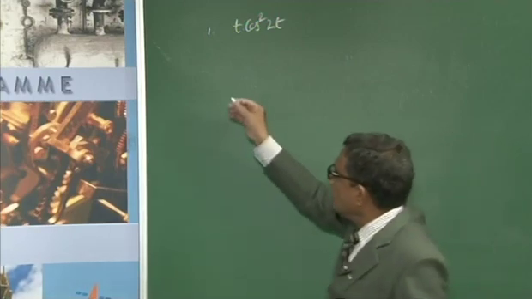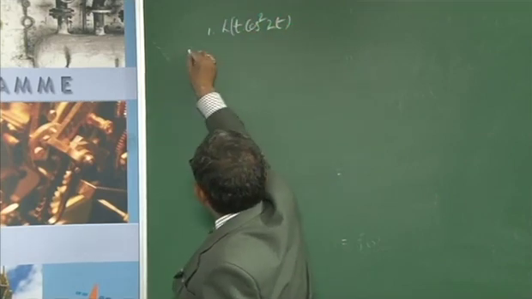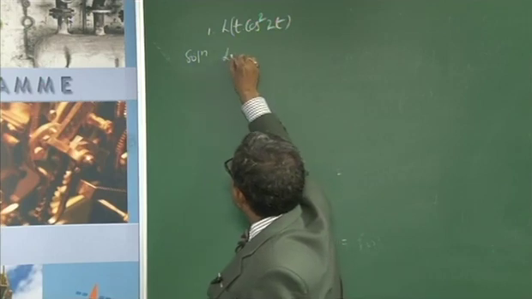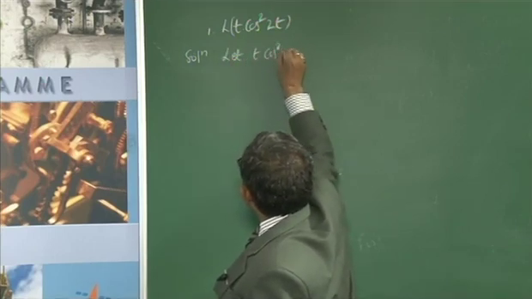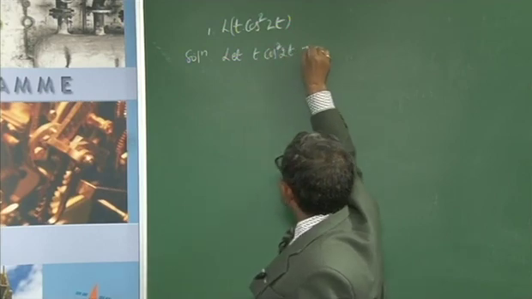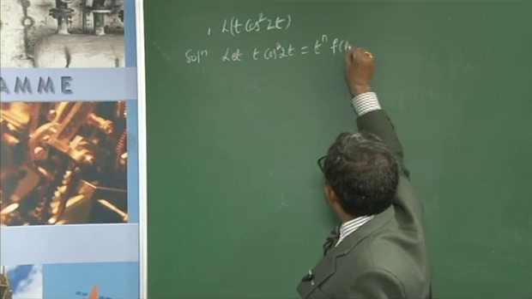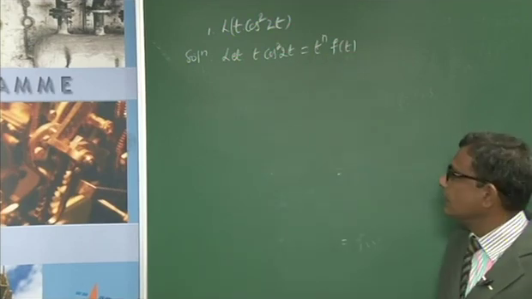Now, how to find the Laplace transform? If you consider t cos square 2t as t raised to n f of t, the function is multiplied by t raised to n.